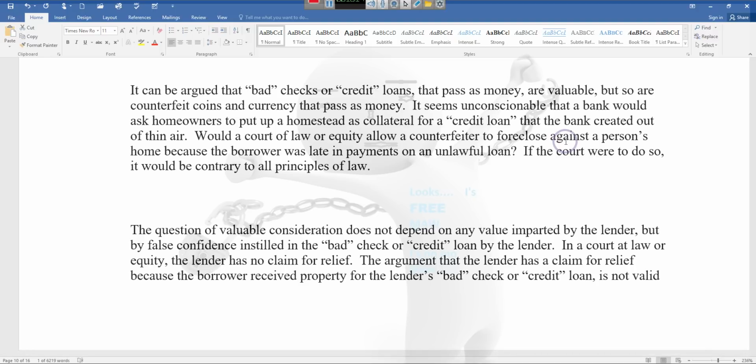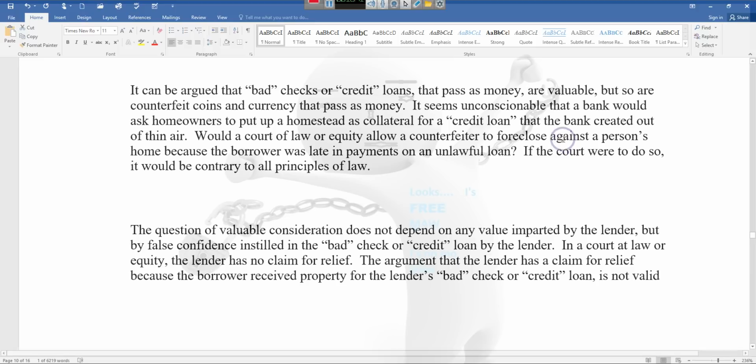Anyway, ladies and gentlemen, here's the point. The person who wrote this, that's all they're doing is writing. They're not putting together anything of any practical sense. You have to put facts. If you're going to bring forth an analogy, you have to base it on certain facts. Other than that, they speak about counterfeit money and the so-called bad checks, that they're the same.